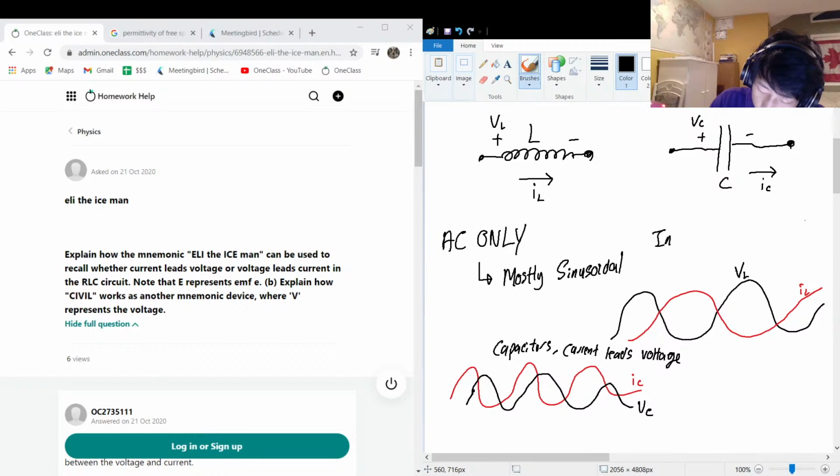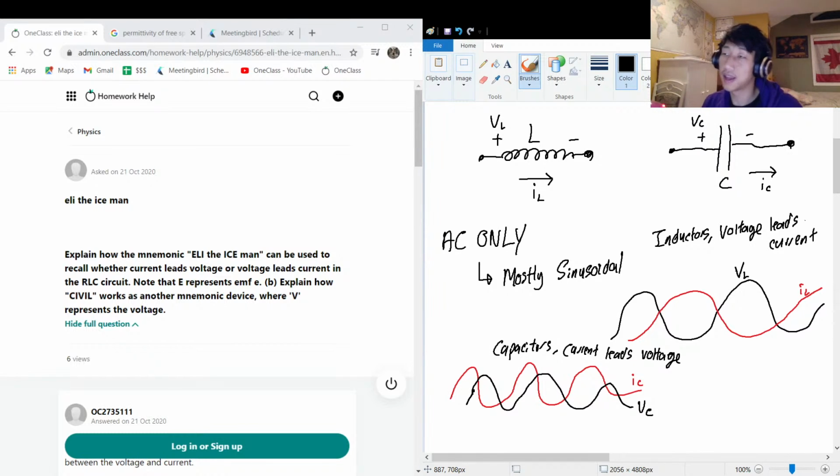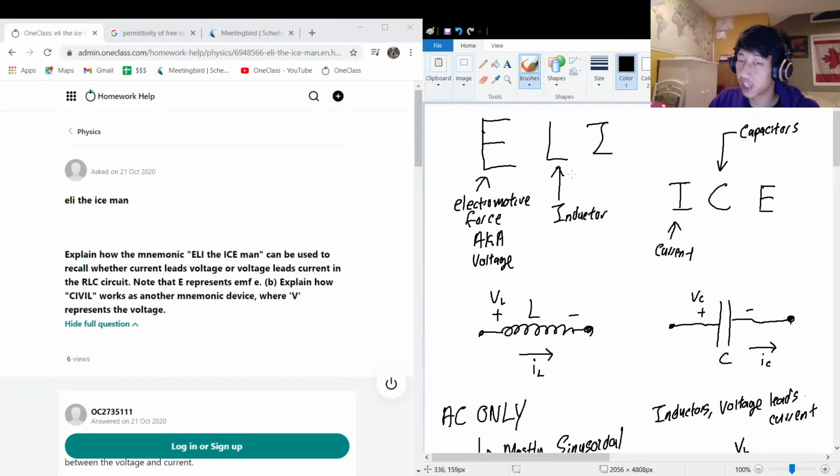In inductors, voltage leads current. Okay, so this is just saying which signal is more forward in the phase, and depending on the specific storage element, it will either be the voltage, the EMF, or it will be the I, the current. And another way that you can remember this is with the word civil.